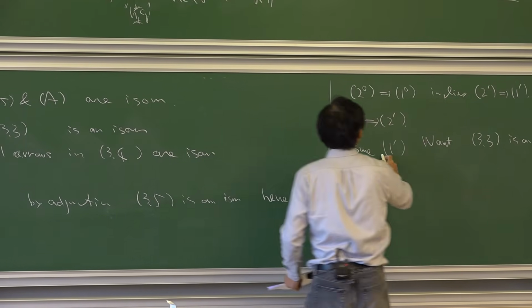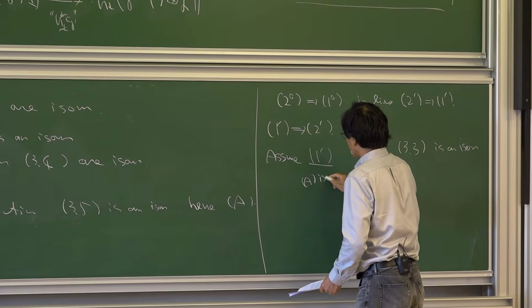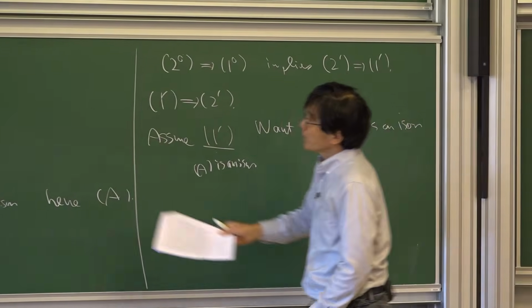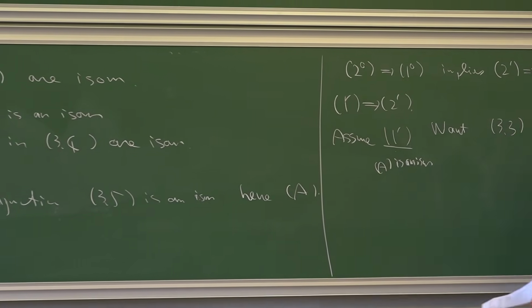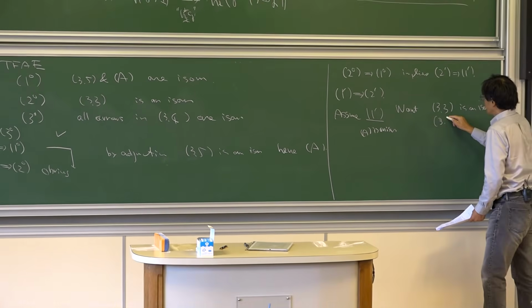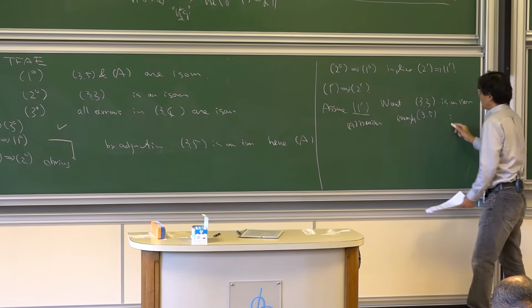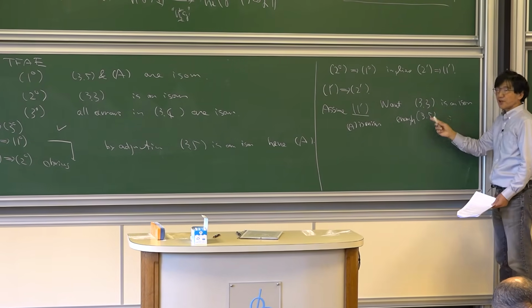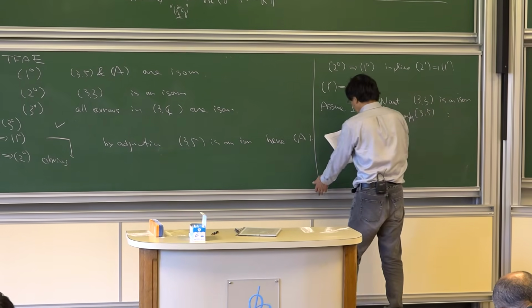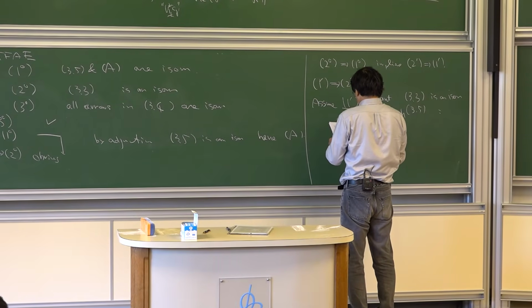So assuming 1, this means that A is an isomorphism. And we already have this equivalence. So to prove 3.3, it is enough to show 3.5.